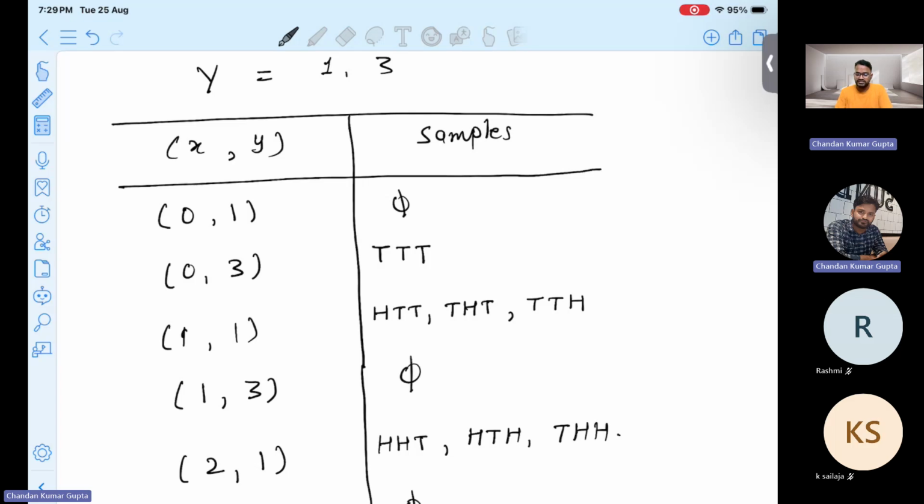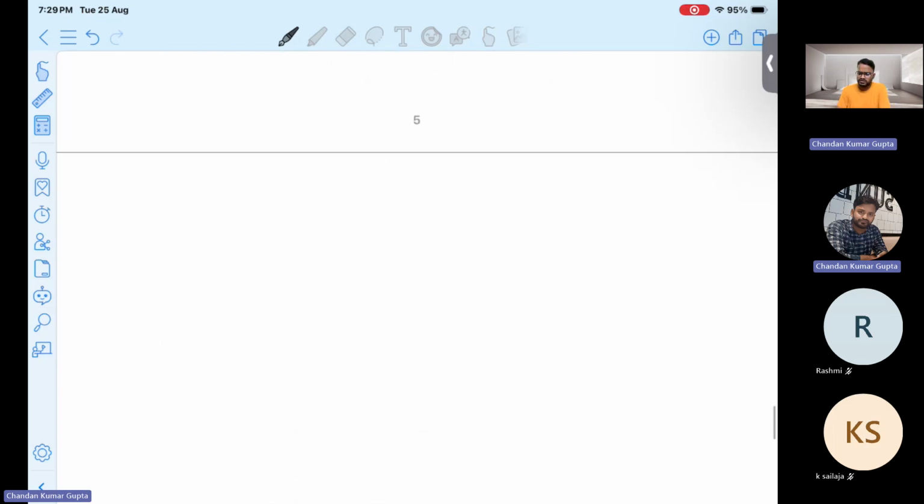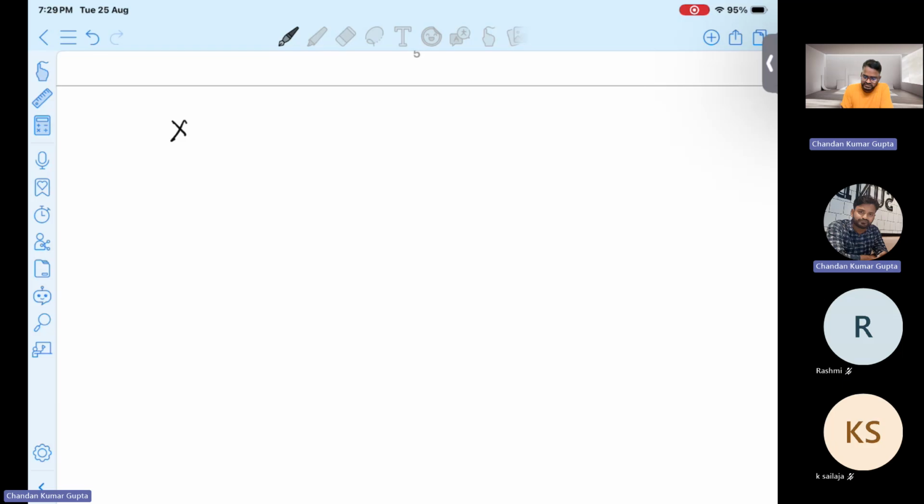Okay, so let's write it in numerical, tabular form. Suppose this is our random variable x, and this is our random variable y.